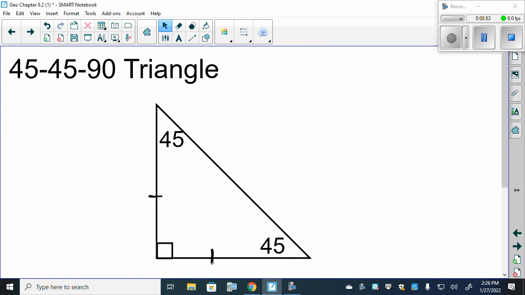So in a 45, 45, 90 degree right triangle, the two sides opposite the 45 degrees are going to be the same. And incidentally, it does work out that the hypotenuse is going to be that value, square root of 2.